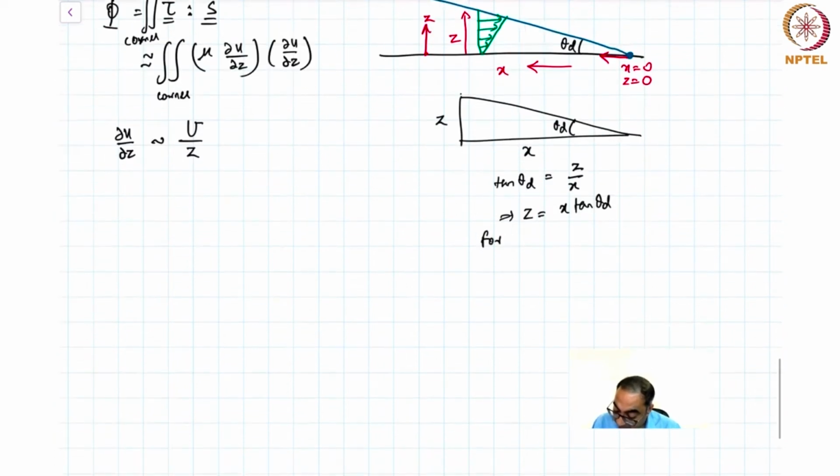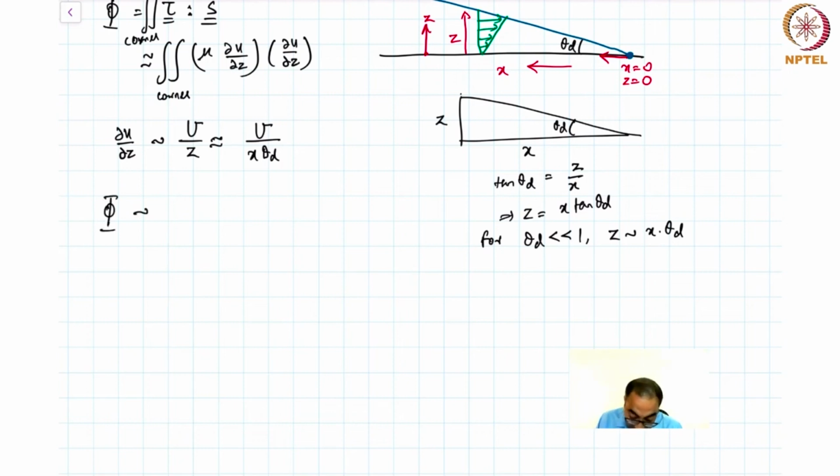We also already said that for theta d very, very small, z is approximately x times theta d, because tan theta d is approximately theta d, and therefore del u by del z would be U over z, and z essentially becomes x times theta d. That's what we have. So we can now integrate this as follows.